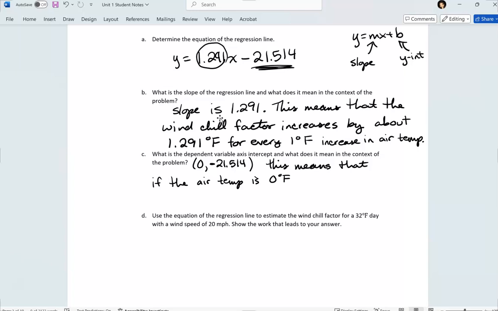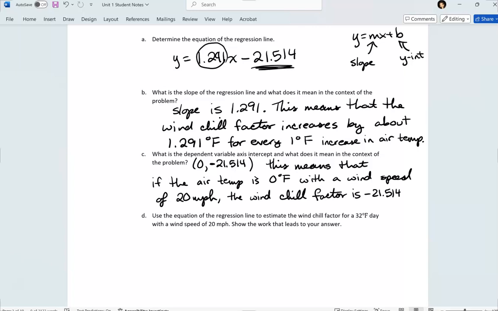Because that's what the X value is there, with a wind speed of 20 miles per hour, the wind chill factor is negative 21.514 degrees Fahrenheit. All right, that's just really interpreting the point in the problem.